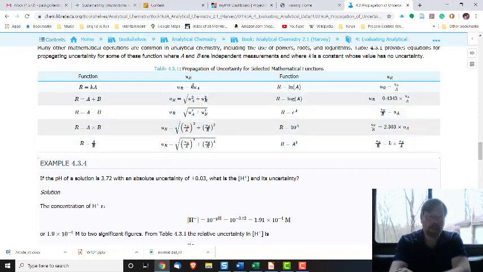So that uncertainty is probably the output of one of these calculations up here, with the molecular weight times the uncertainty in my mass measurement. You can see we've got uncertainties for other logarithmic and exponential functions as well.